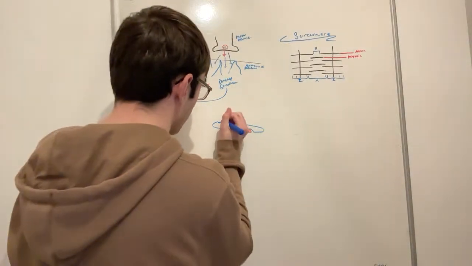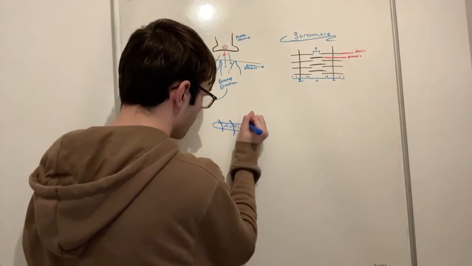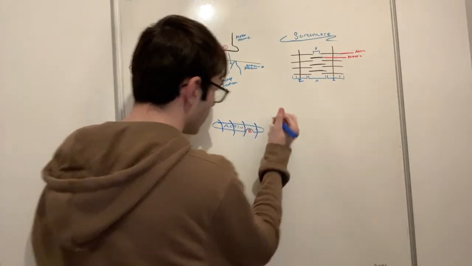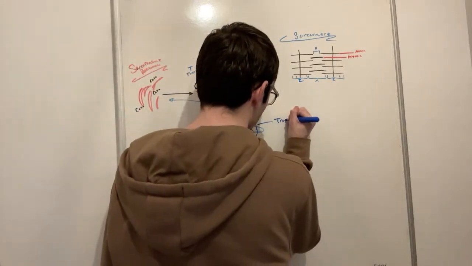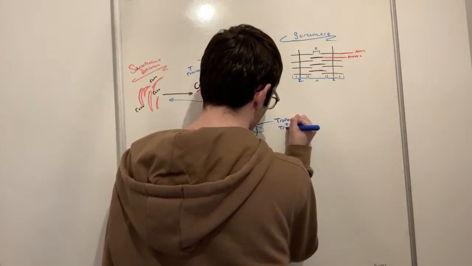So what we are saying is, to begin, you have troponin and tropomyosin.